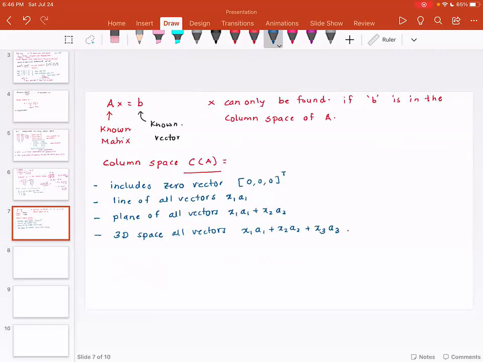And again, we specify that the vectors a1, a2, and a3 should be independent.